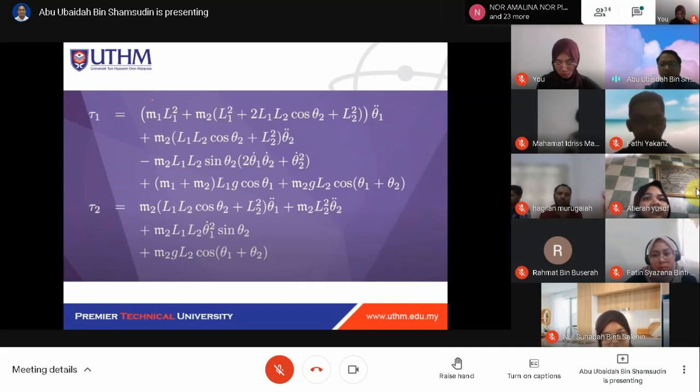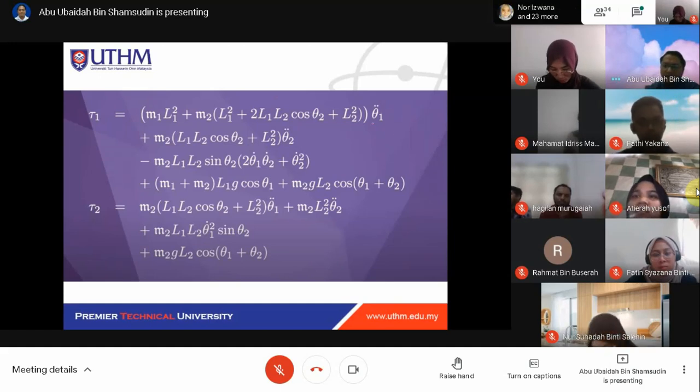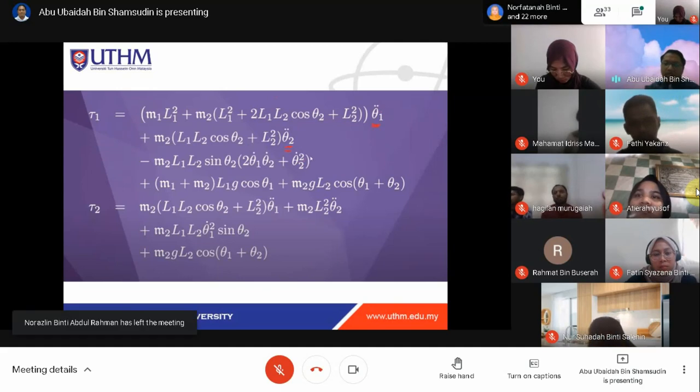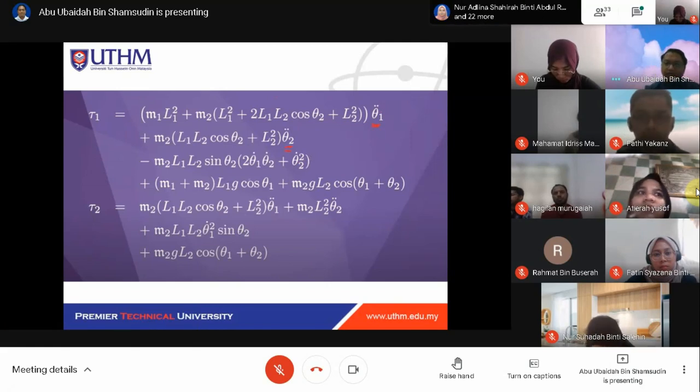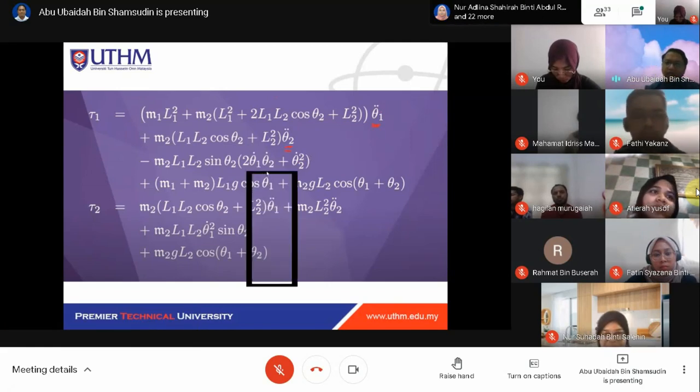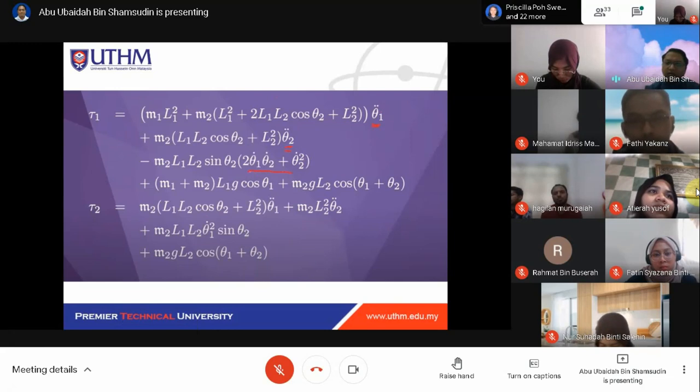For this final equation, there are three important things that you can see. This is the term of velocity. This is the term how the robot moves in terms of acceleration. Okay, this part is the term the robot moves in terms of velocity, and this is the term the robot moves in terms of position.